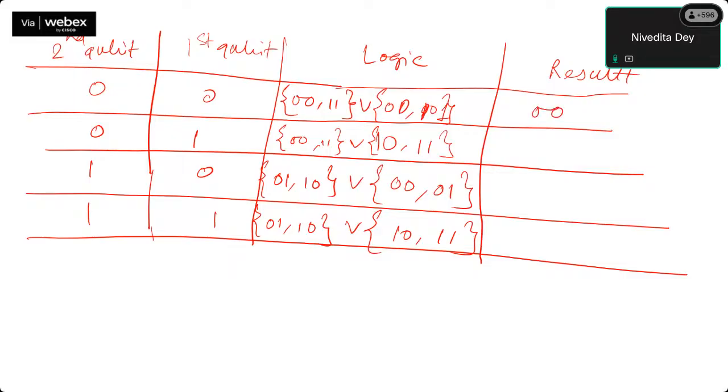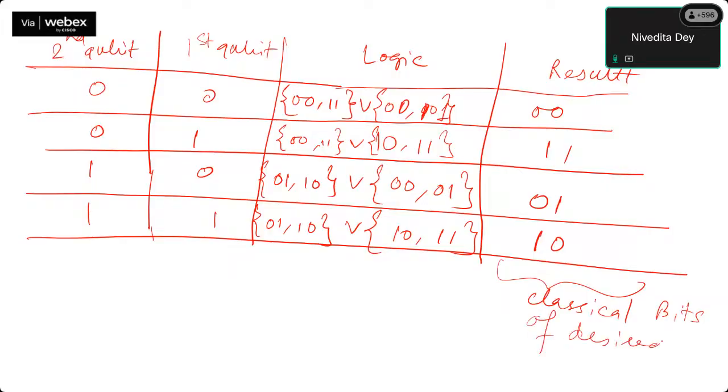So 0 0 is common, 1 1 is common, here 0 1 is common, and here 1 0 is common. So these are all the classical bits of information that Bob is supposed to get. This is the classical bits of desired information at output.